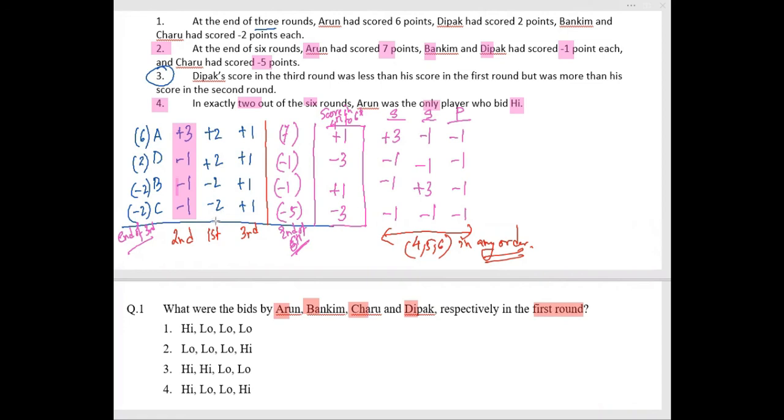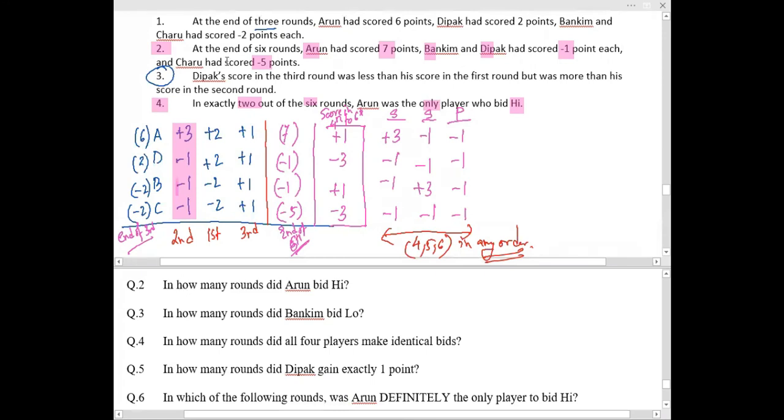So B and C are -2, and A and D are +2. That means these are high, high, and these two are low, low. So high, low, low, high. That means our answer for this one will be option 4, as the first round I know clearly.